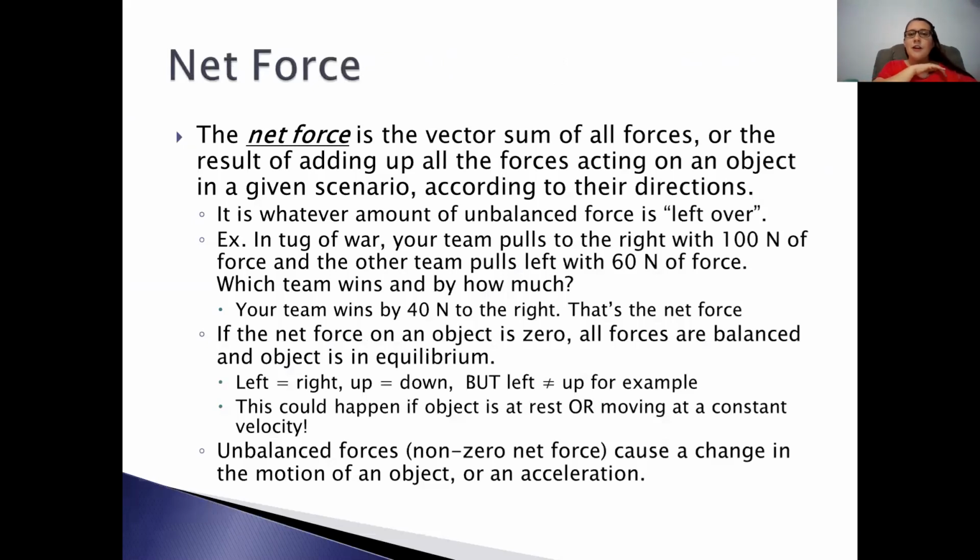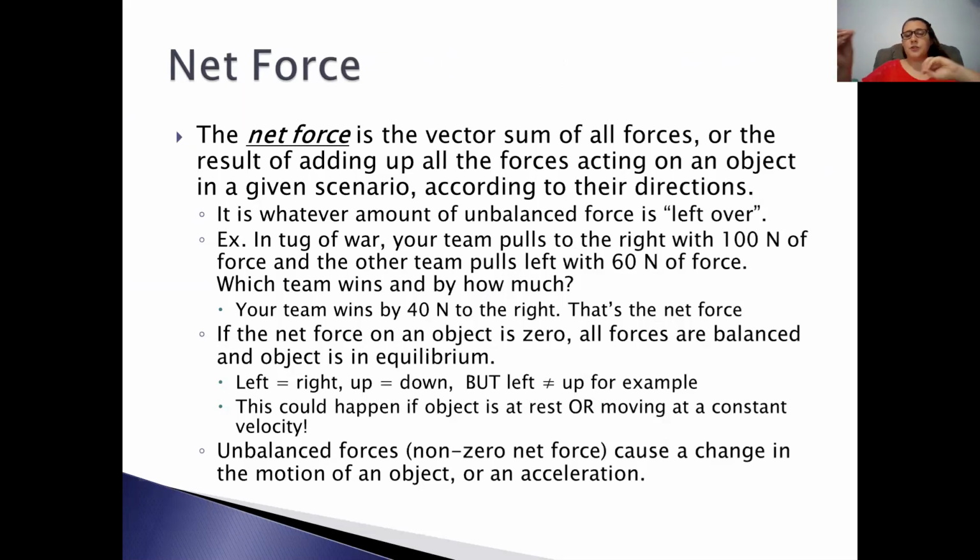So a net force, the vector sum of all forces, is the result of adding up all of the forces acting on an object according to their directions. The way that I like to phrase it is that it's whatever amount of unbalanced force is left over. For example, if you are playing tug of war with your friend, your team pulls to the right with 100 newtons of force.